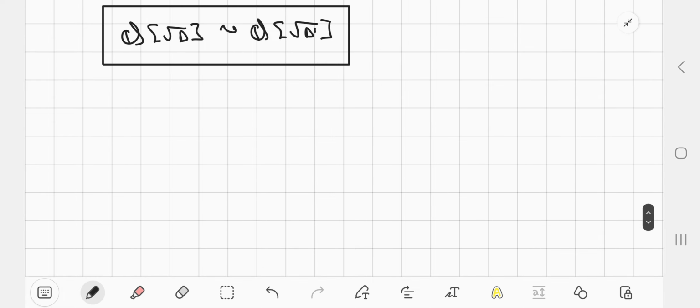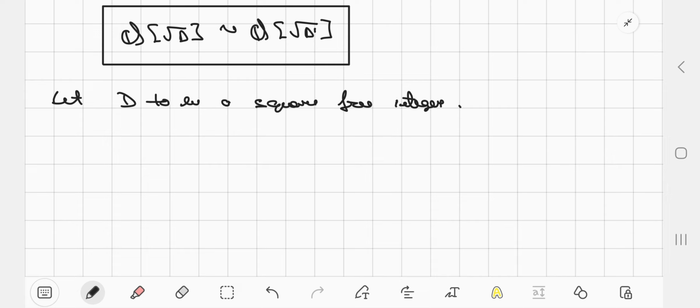Now we can extend the concept of quadratic integers and quadratic fields from rationals to integers as well. How do we do that? Let D be a square free integer.